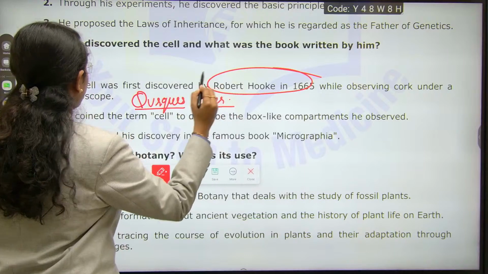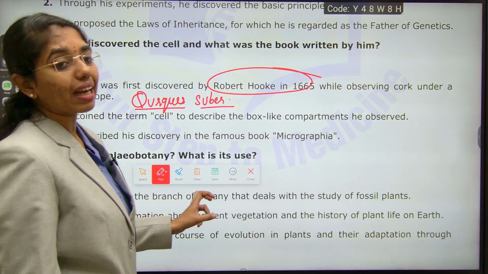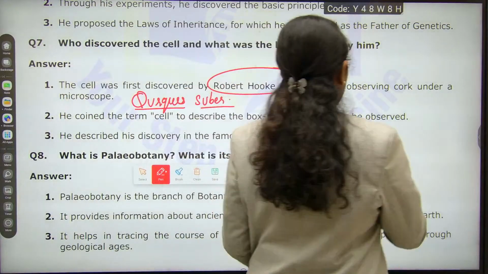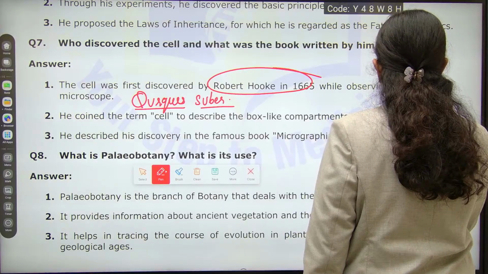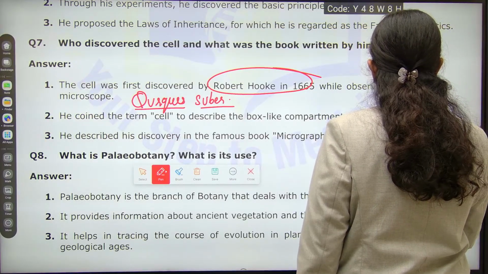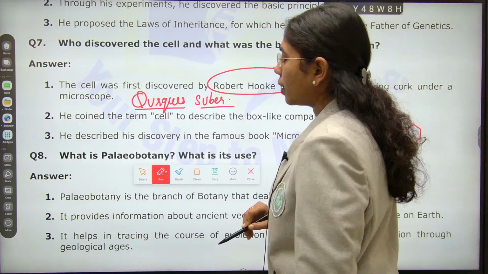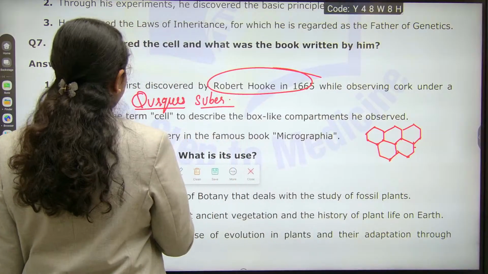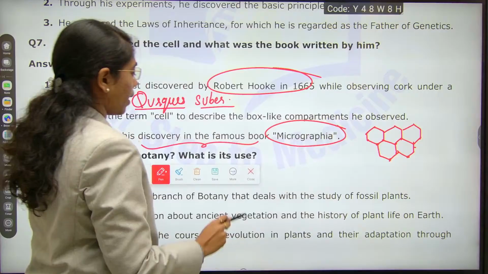Quercus tuber. He coined the term cell to describe box-like compartments he observed, honeycomb-like structures. Fine. He described his discovery in the famous book Micrographia.